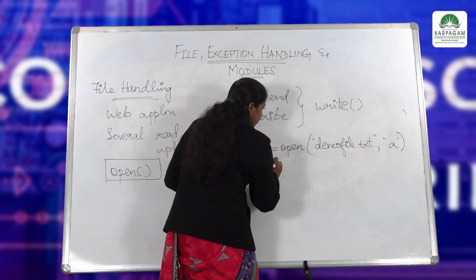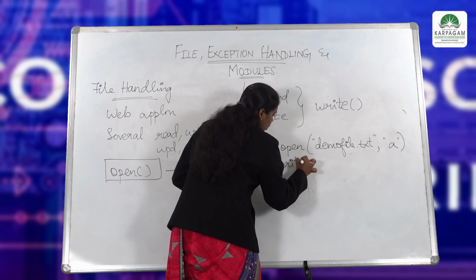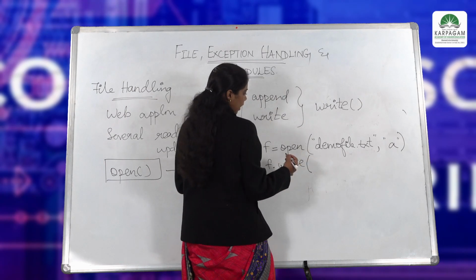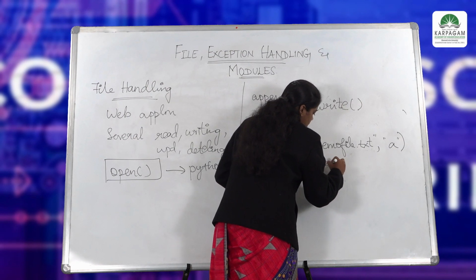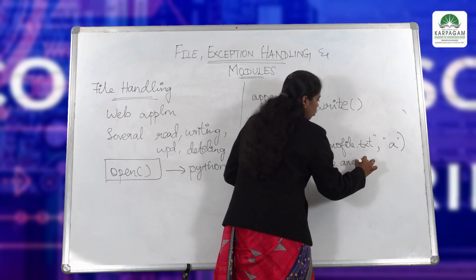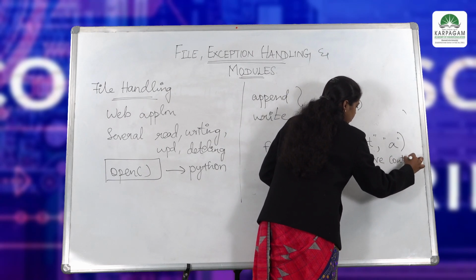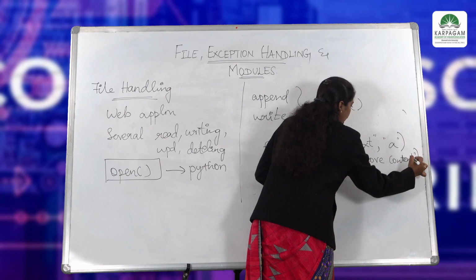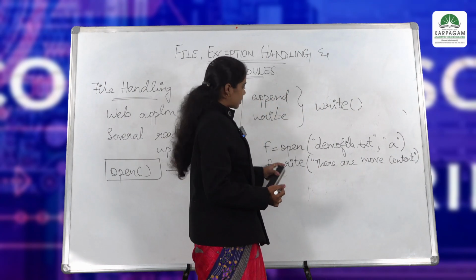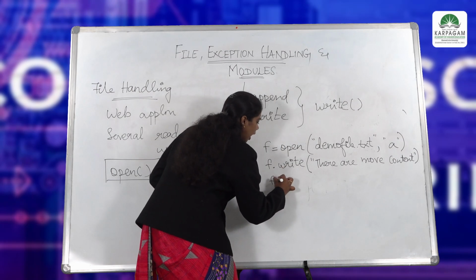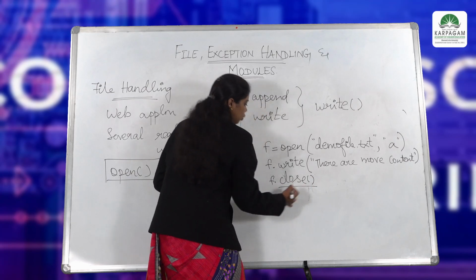In the next line, I am writing to it, that is inside the write function, there are more contents. I am appending this text in my file. After that, we have to close the file immediately using the close function.